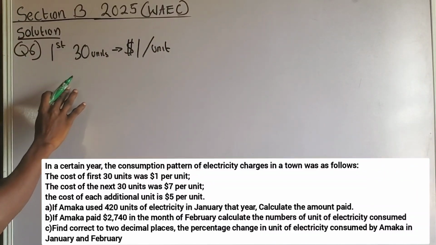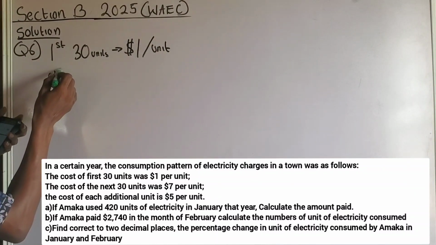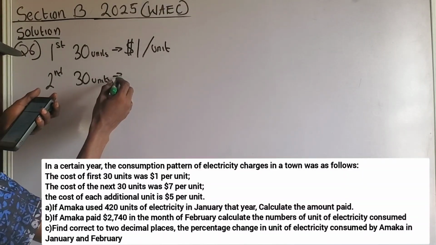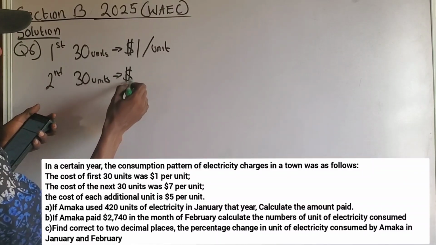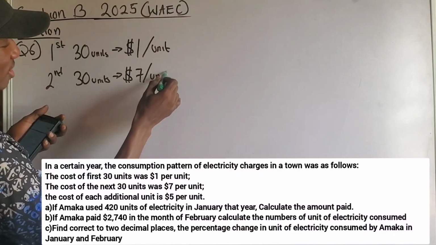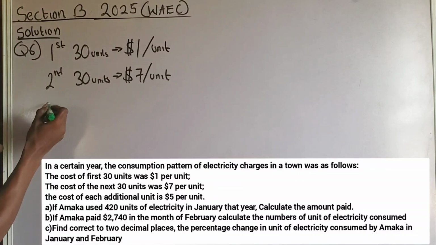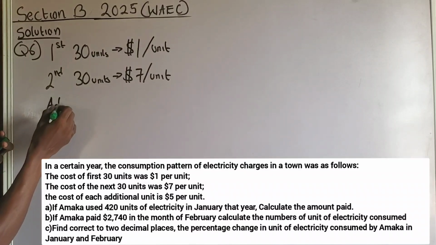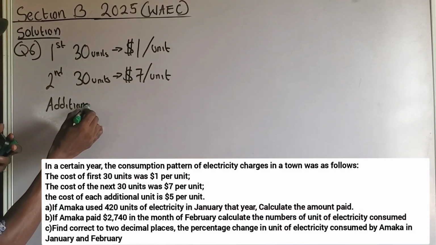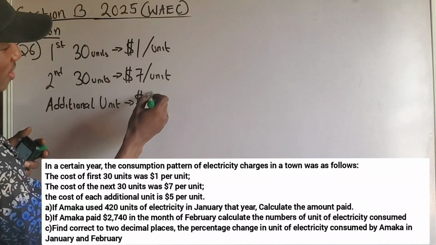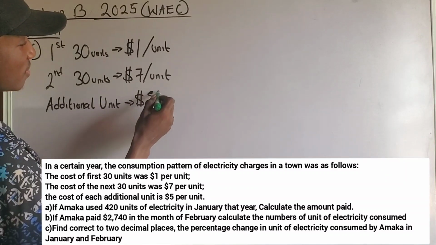The second 30 units, the cost is $7 per unit. Then the cost of additional units is $5 per unit.